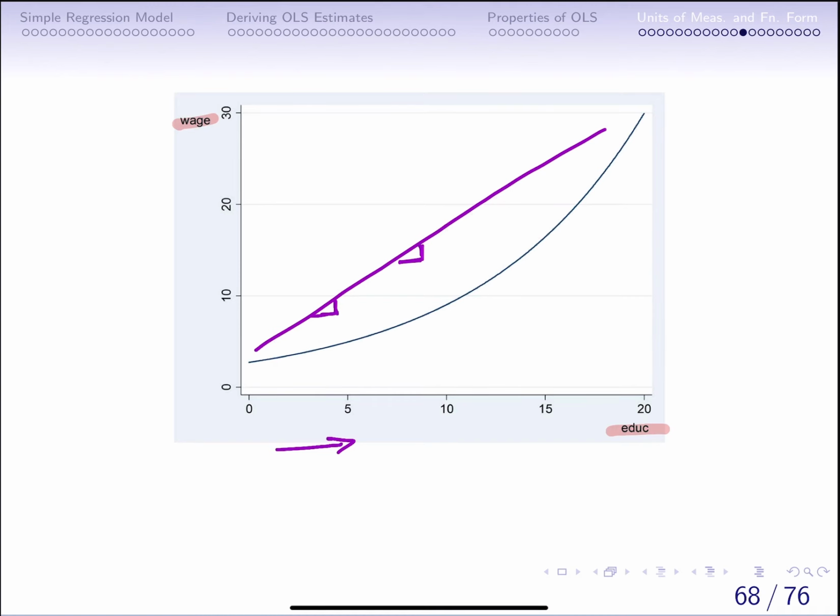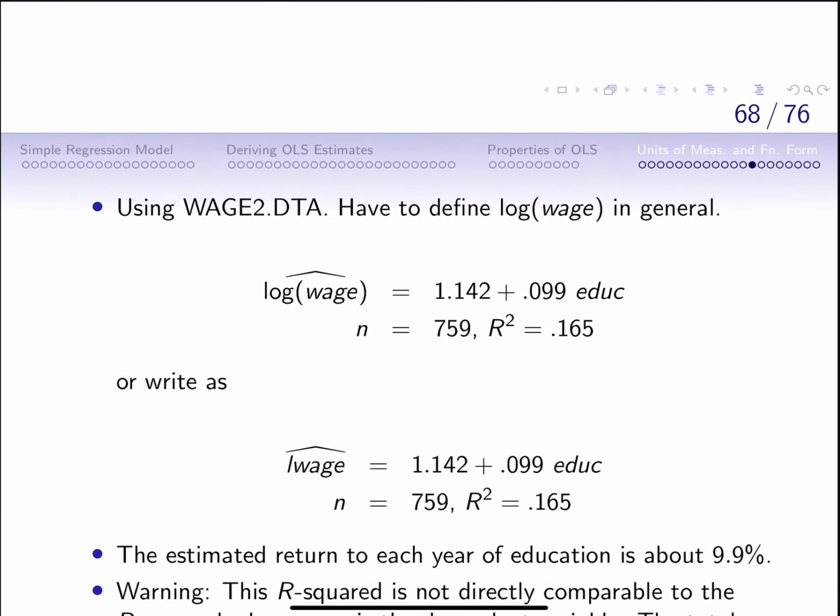But here we are finding that this is not a straight line. In the data, we find that it has a curvature. The slope at this point is less than the slope at this point right here. So there might be a percentage effect that we should be able to capture.